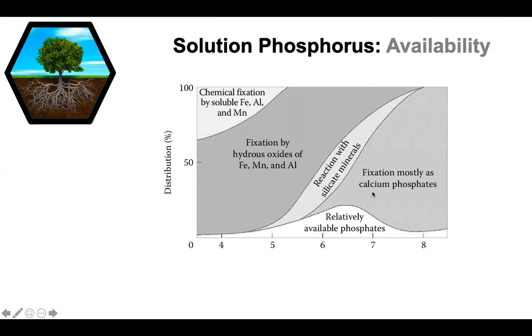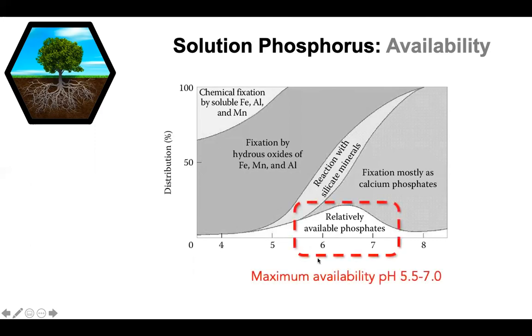So what it means is that, first off, most of the phosphate is not actually plant available. You see that it's probably about maybe 20% of the total ends up being plant available. Moreover, it is really pH dependent, and it really is maximized between around, say, pH 5.5 and pH 7, where phosphorus is maximally available.